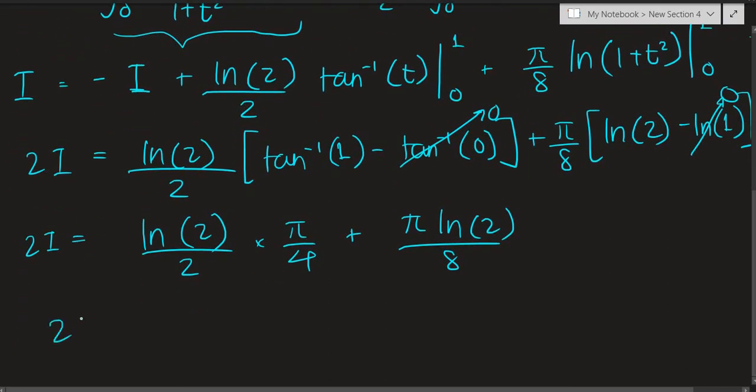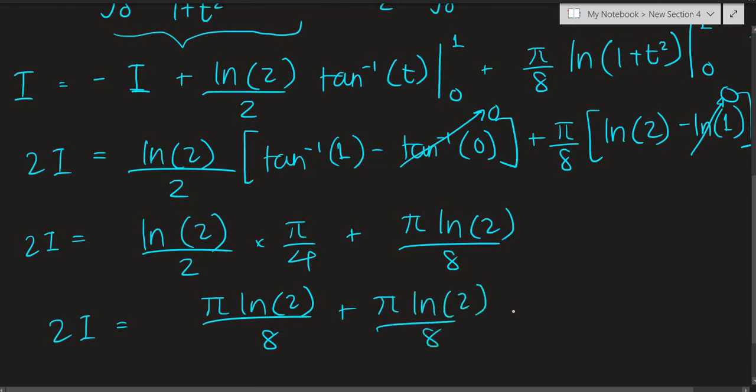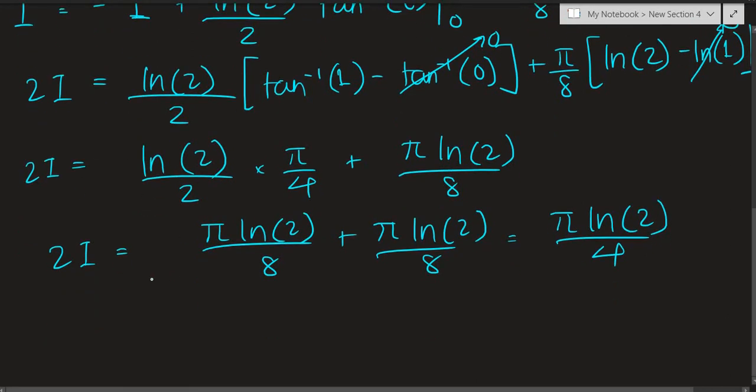You can simplify this now. We have an 8 in the denominator, so we have pi times natural log of 2 divided by 8 plus the same thing, pi times natural log of 2 divided by 8, which will be pi times natural log of 2 divided by 4. But now notice that this is just 2I, so let's divide both sides by 2.